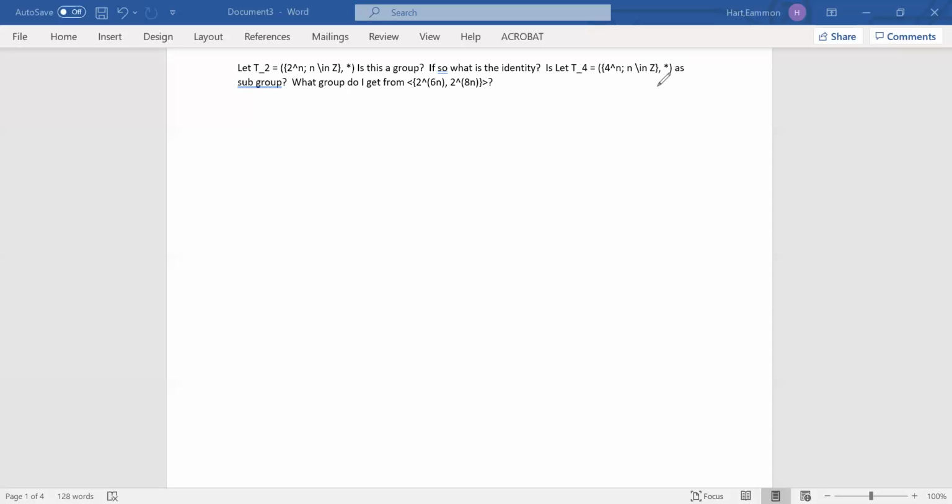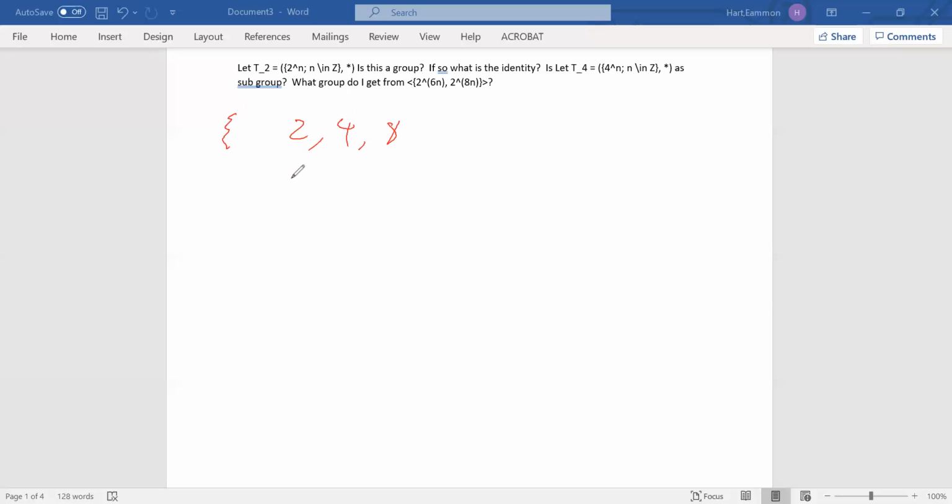Yes, 2 is definitely an element of T2. 2 is an element, 4 is an element, right? I can just pick n equals 2. I can pick 8.